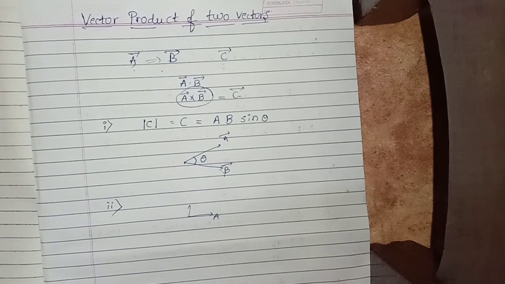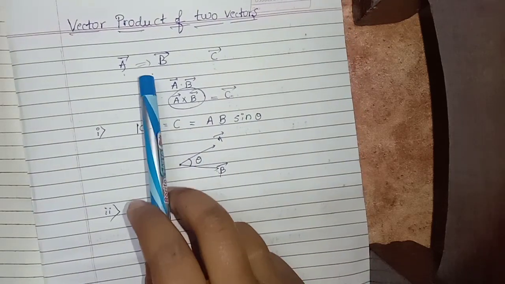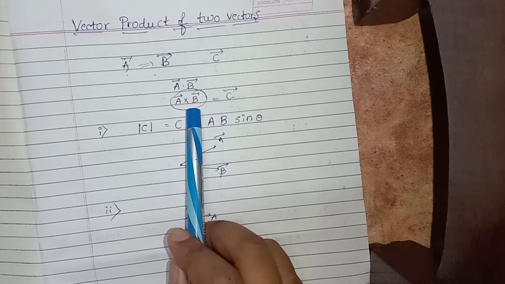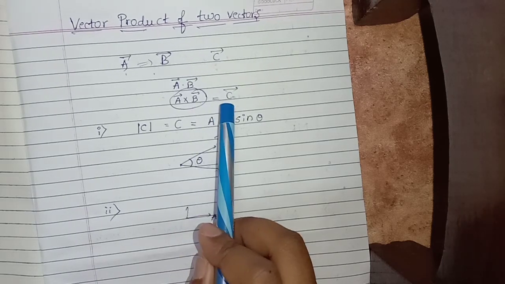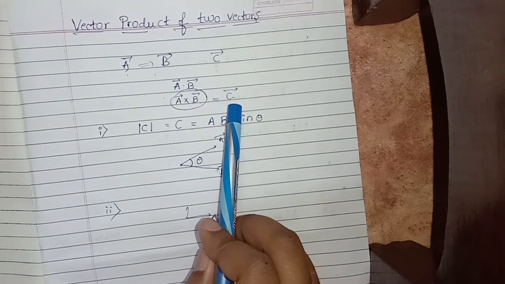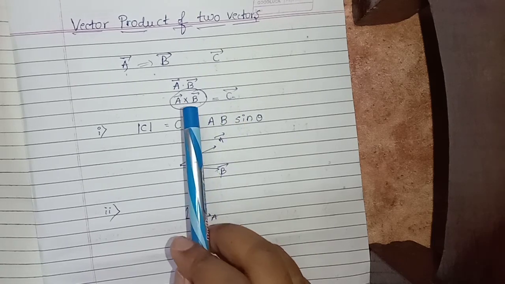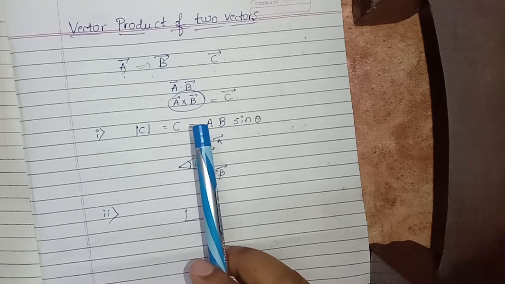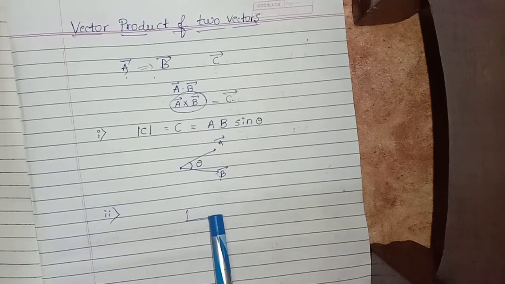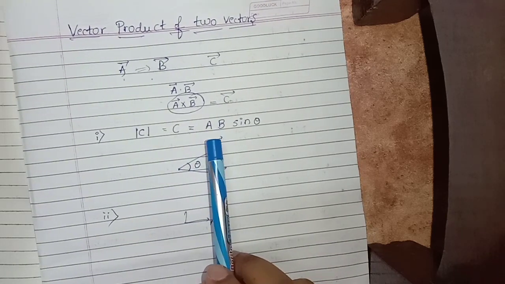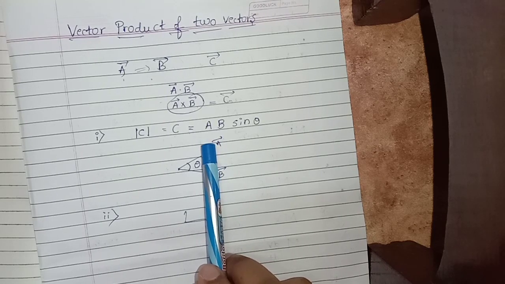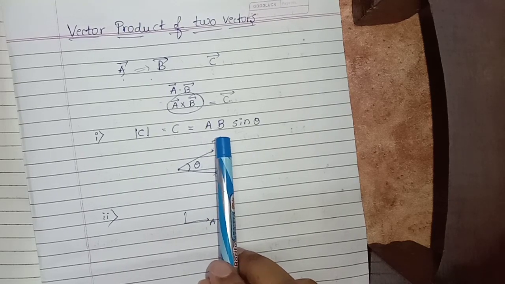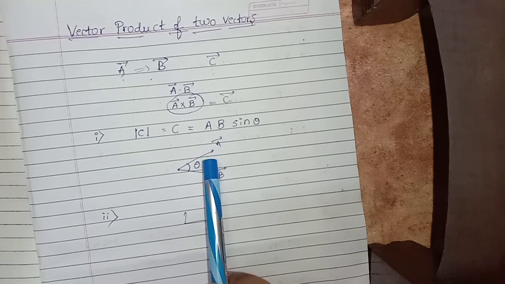First point is what the vector product means. If A and B are any two vectors, then their vector product is C. C is also one more vector, such that its magnitude is given by the product of the magnitudes of the vectors and the sine of the angle between them.